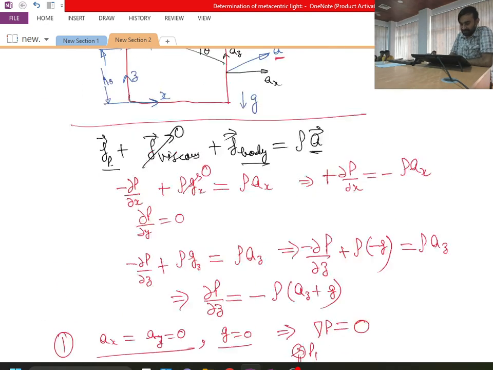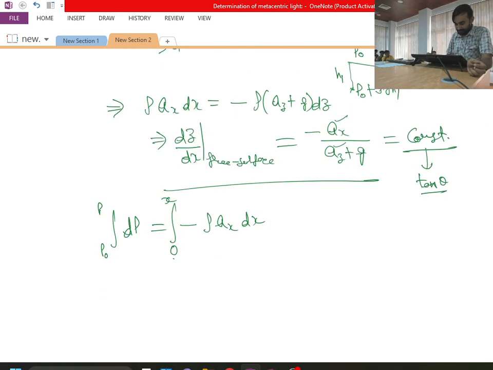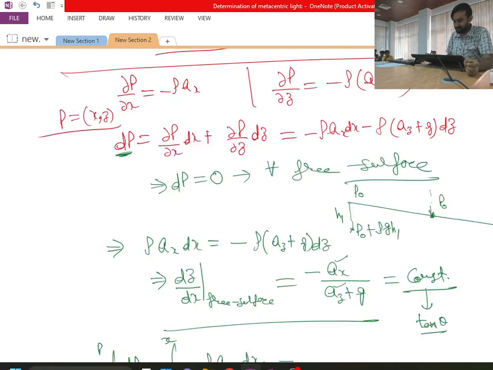If this is my origin, at this point x and z will be 0, 0, corresponding to this, say my pressure is P naught. With reference to this pressure, at any point I can find the pressure if I know the value of x and z. So how I can calculate this integral from 0 to x and then minus, is it plus or minus? Minus.